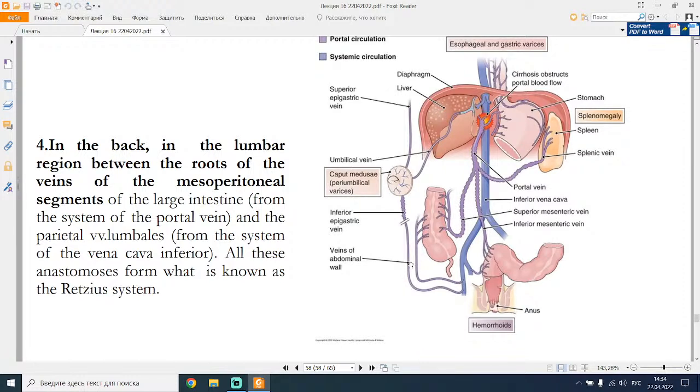All these anastomoses form what is known as the retroperitoneal system between the portal vein system and vena cava inferior.